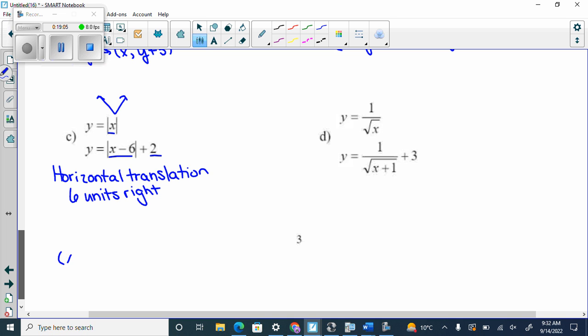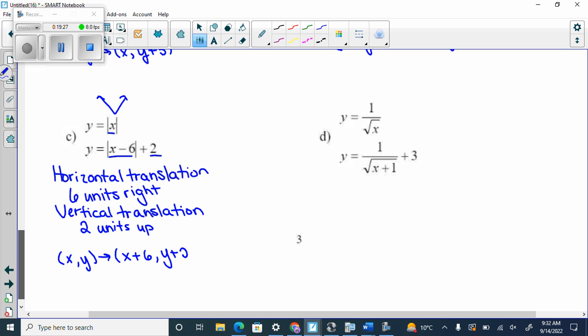And in my mapping down here, I'm going to be moving 6 units right. How do I move an x 6 units right? I add 6 to it. My vertical translation, two units up. How do I add 2 units to it? I add y plus 2.